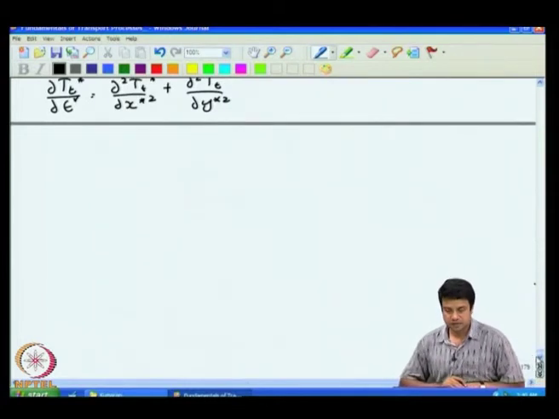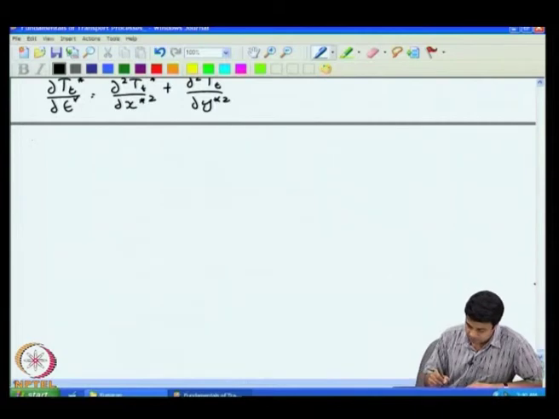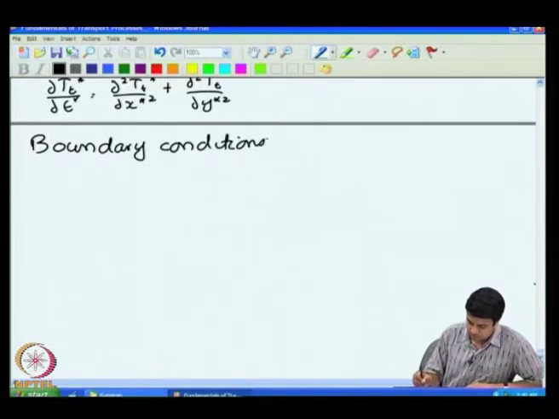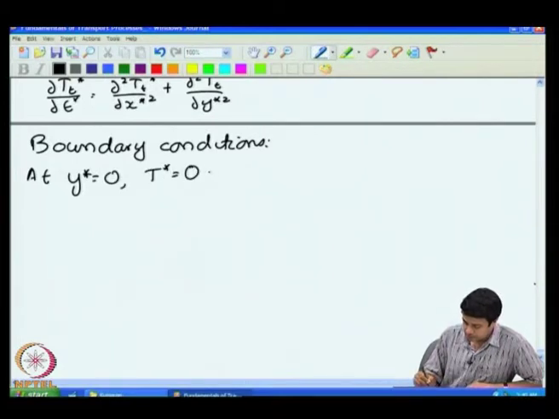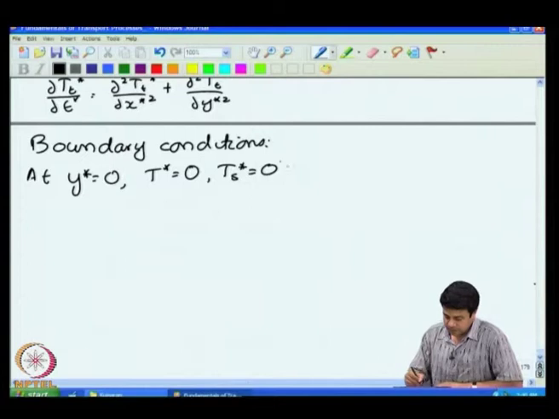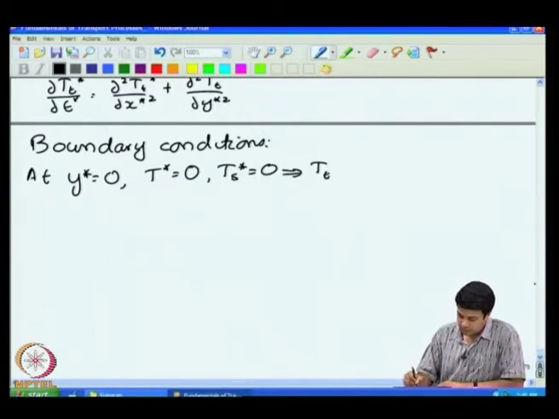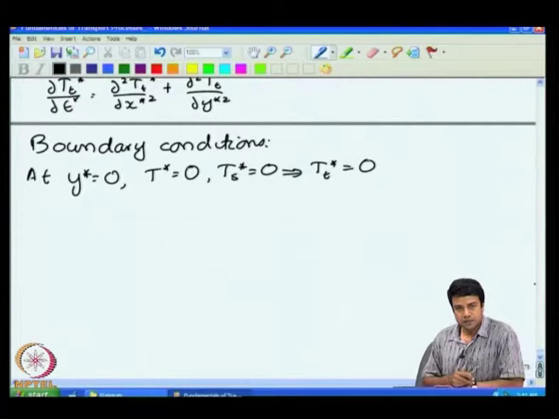How about the boundary conditions? And this is important. Boundary conditions. At y star is equal to 0, T star is equal to 0, and the steady temperature was also equal to 0, which means that the transient temperature, the difference between these two, is equal to 0.